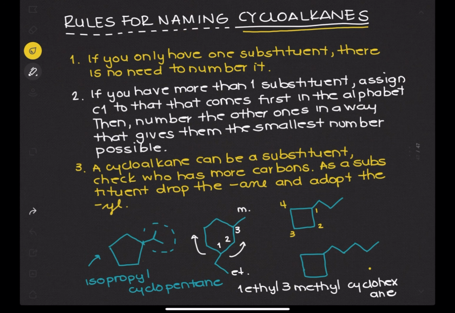And my substituent has 1, 2, 3. So in this case, my cyclobutane has the most carbons, so it's going to be the parent name. So 1, 2, 3, it's going to be propylcyclobutane.